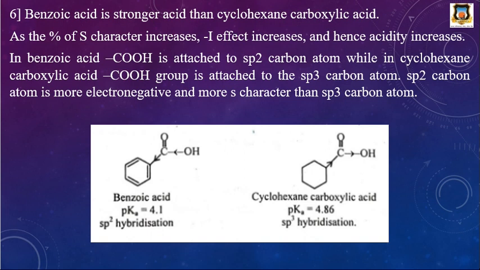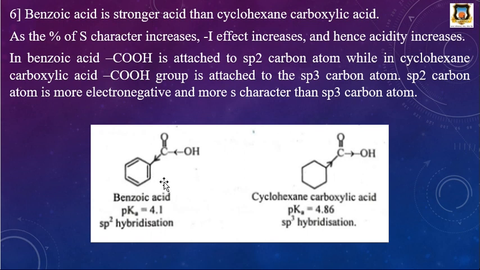As the percentage of s character increases, the minus I effect increases, and hence the acidity increases. In benzoic acid, the COOH group, or carboxylic group, is attached to an sp2 carbon, and in cyclohexane carboxylic acid the COOH group is attached to an sp3 hybridized carbon atom.